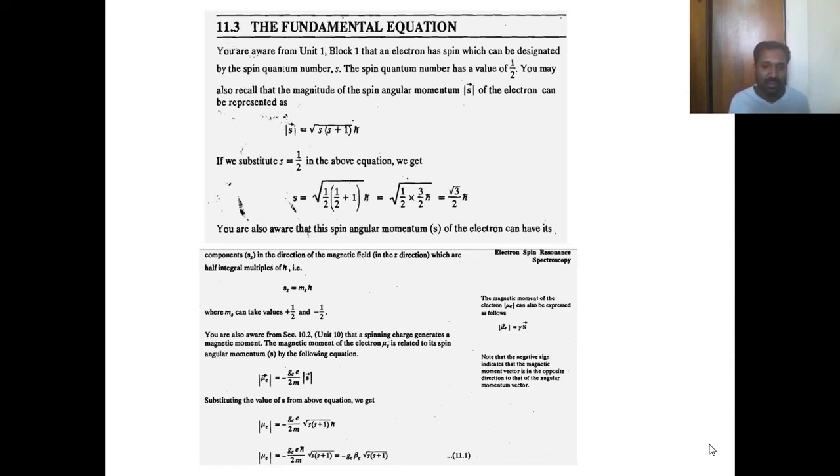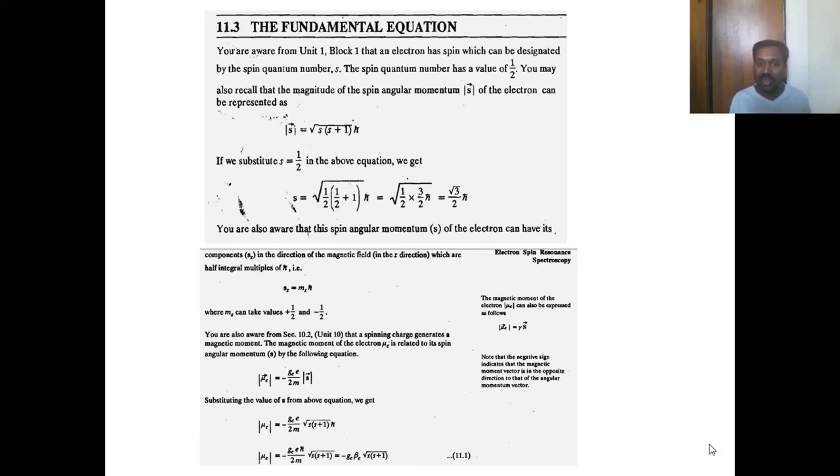Now please do not confuse this magnetic moment with momentum. Momentum is basically your mass into velocity, but moment, M-O-M-E-N-T, is a force.